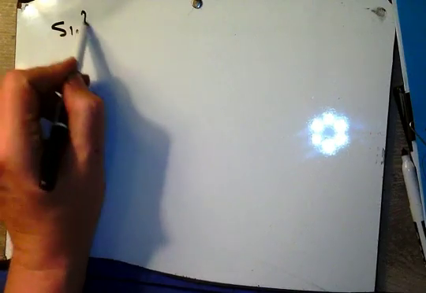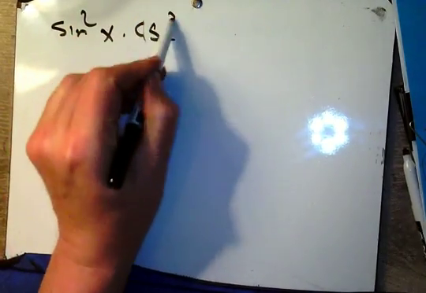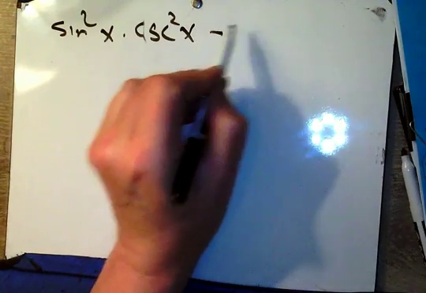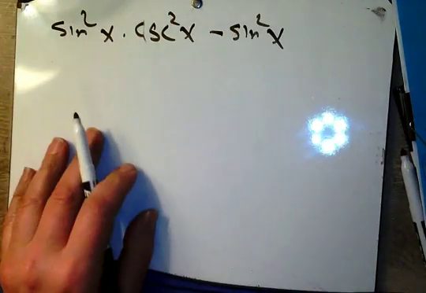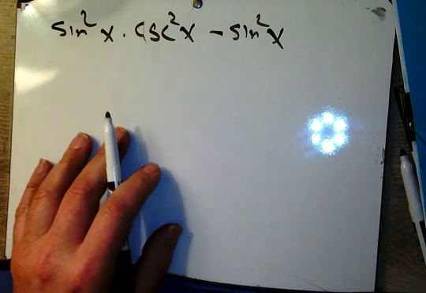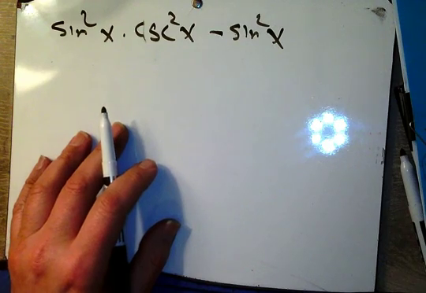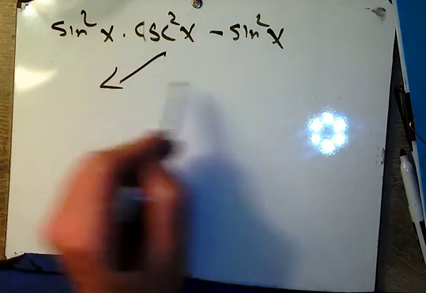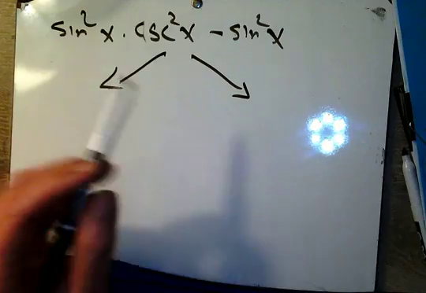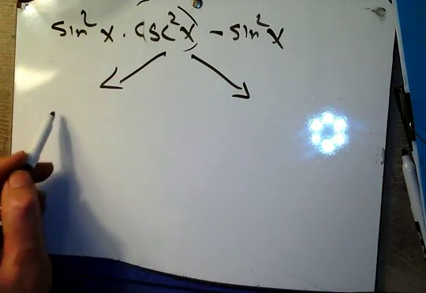All right? Okay, how about this one? Sine squared x cosecant squared x minus sine squared x. Okay, so what are you thinking about doing? Did you hear that? People said two very different things. Ooh, let's do the problem two different ways then. I heard some people saying cosecant squared, that's 1 over sine squared.